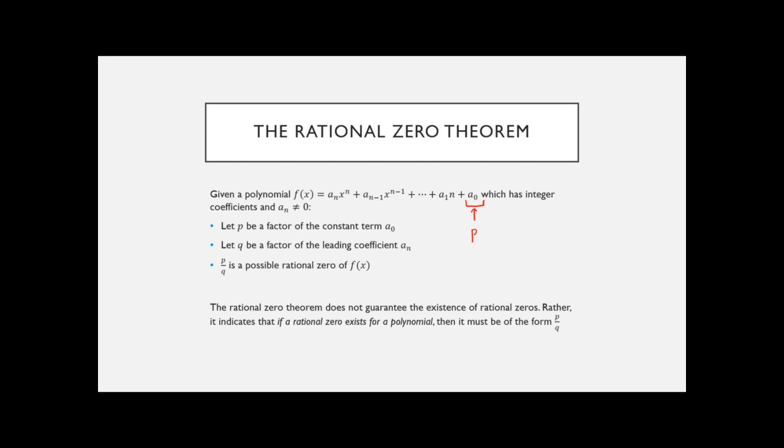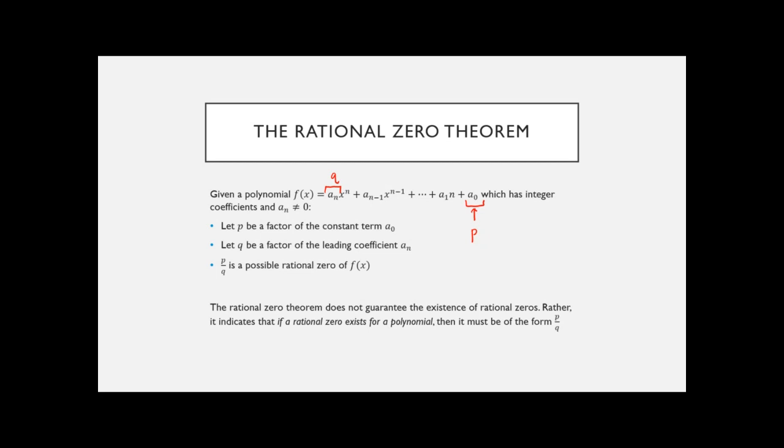P is basically all the factors of that term. So you find that number and then you write down all the numbers that divide evenly into it. That's what a factor is. And then Q, we do the same thing for the leading coefficient. So the first number, you write down all the numbers that divide into it evenly. Those are the factors, and those are all considered Q.